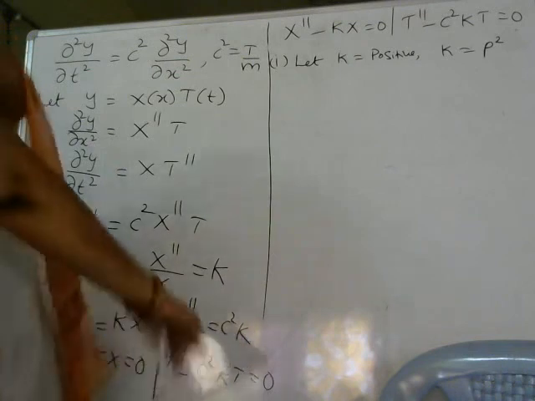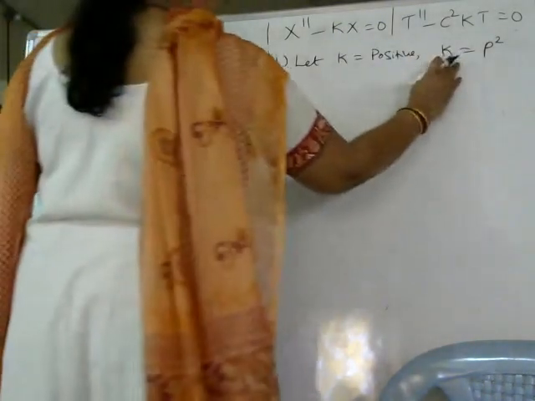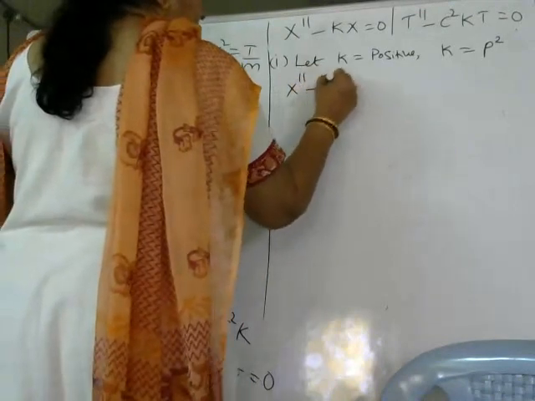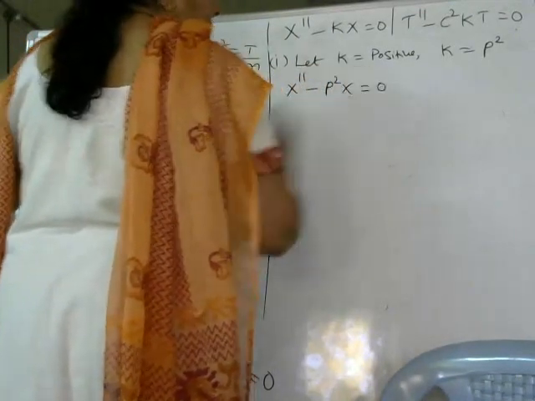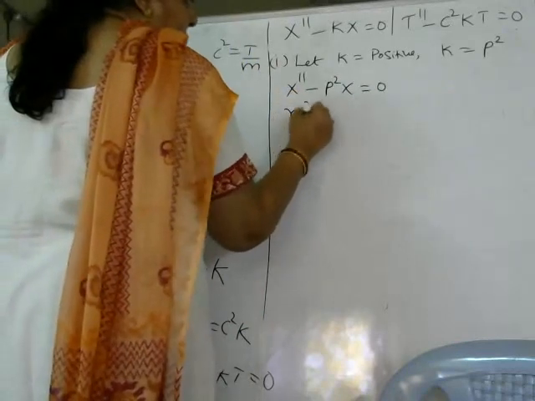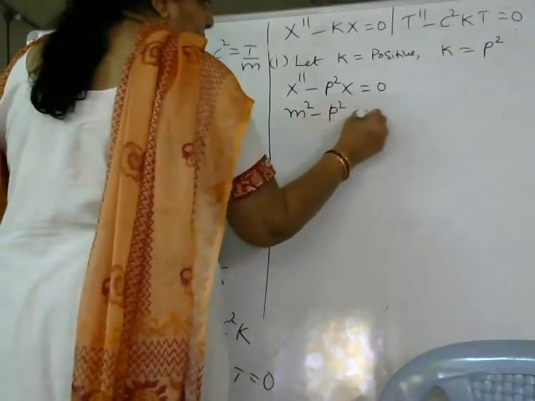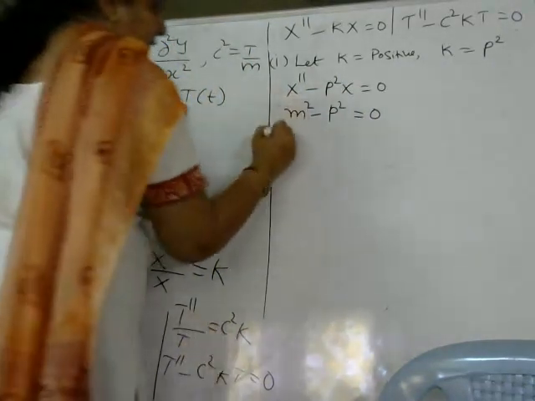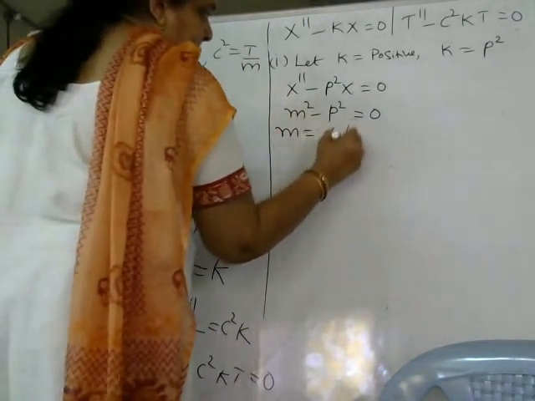So k is positive means I substitute k as p². How will the equation be now? x'' minus p²x is equal to 0. So what is the auxiliary equation we have? m² minus p² equal to 0, because this is nothing but ∂²x/∂x². So m is equal to plus or minus p.